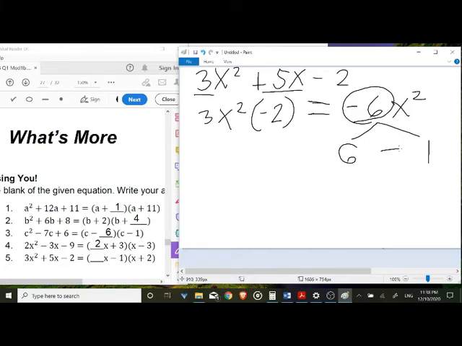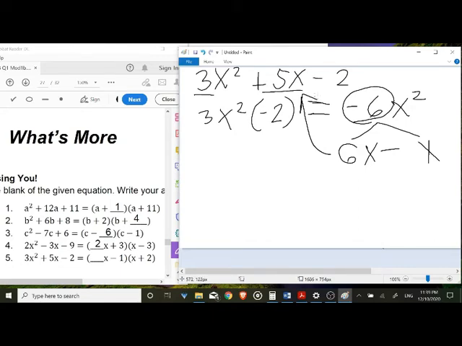So, tama. So, copy na lang natin si x. 1x is just x. So, 6x times negative x, that is negative 6x squared. 6x minus x, that is equal to 5x.